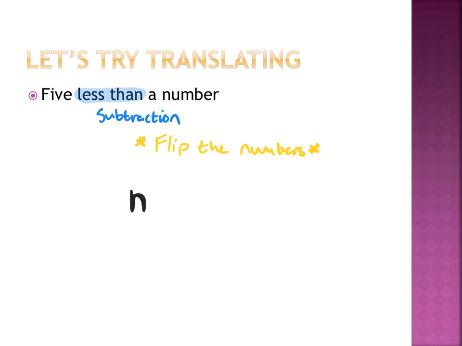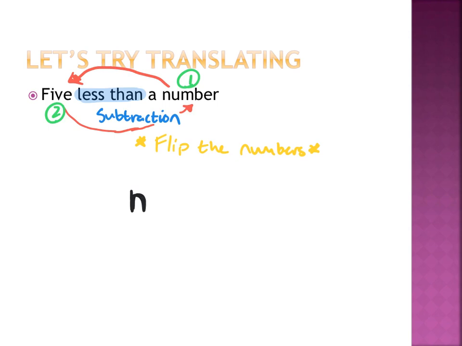Do y'all need a visual of what I mean by flip them? I mean I want the number N to go first and 5 to go second. This part will go first in the equation, this part will go second. That's what I mean by flip them.